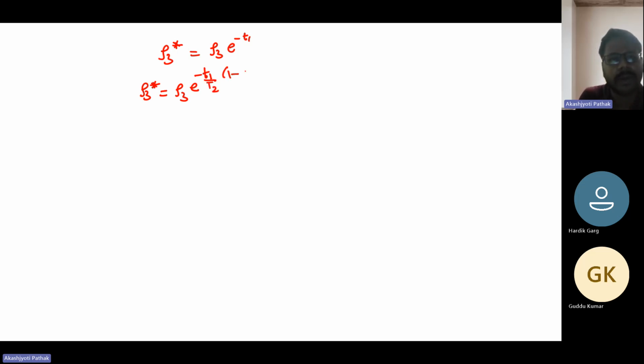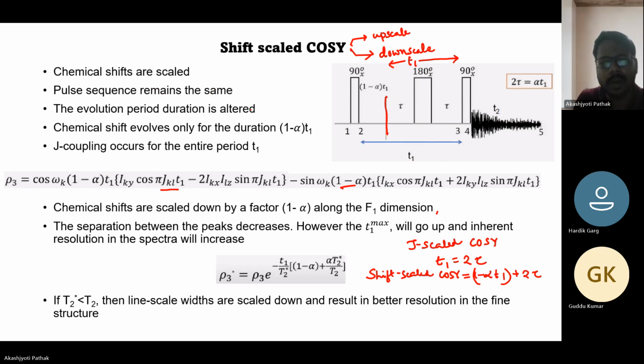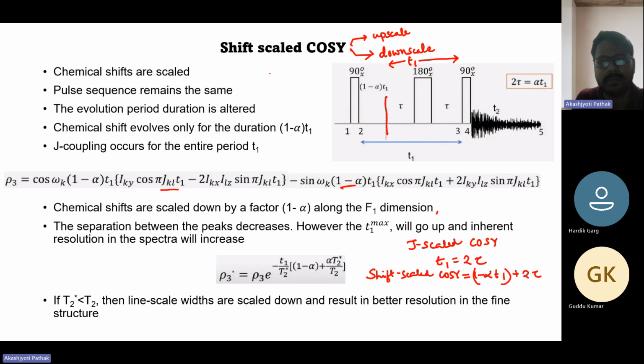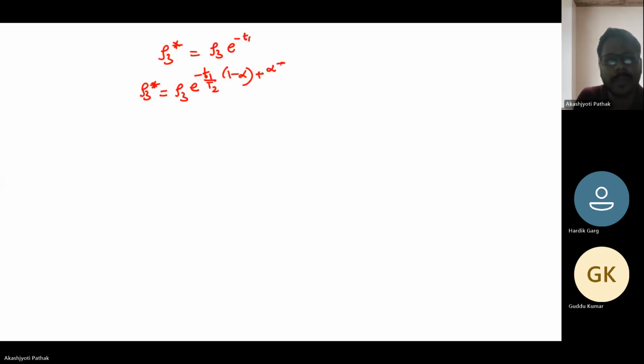That is what we have got, 1 minus alpha plus alpha T2 star by T2.